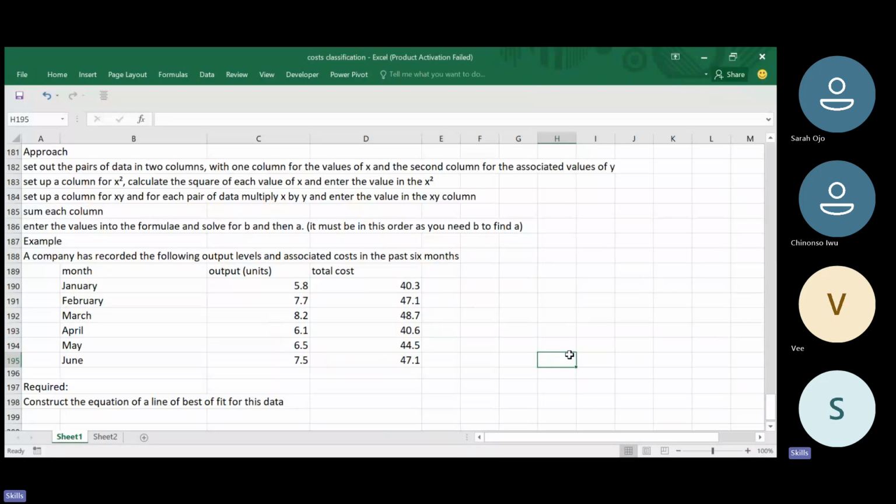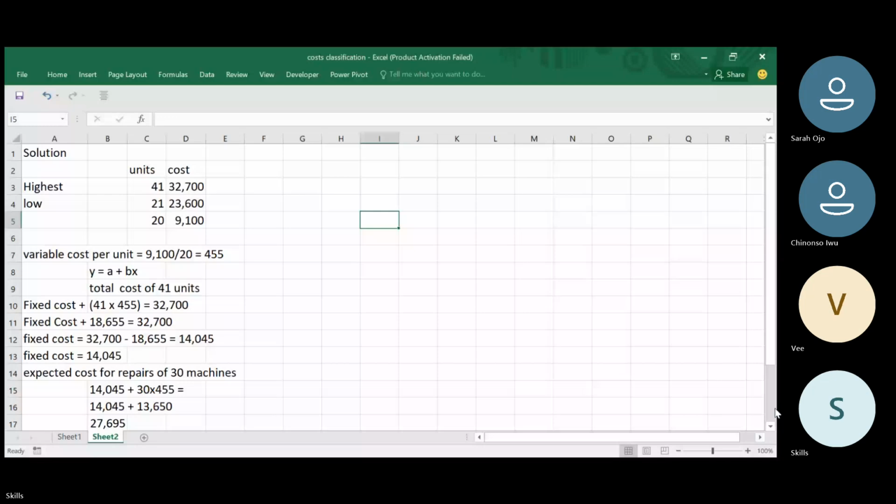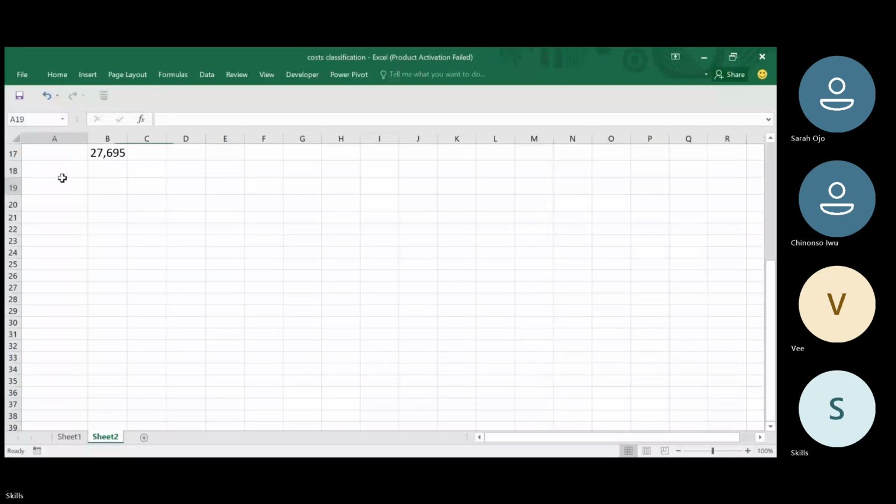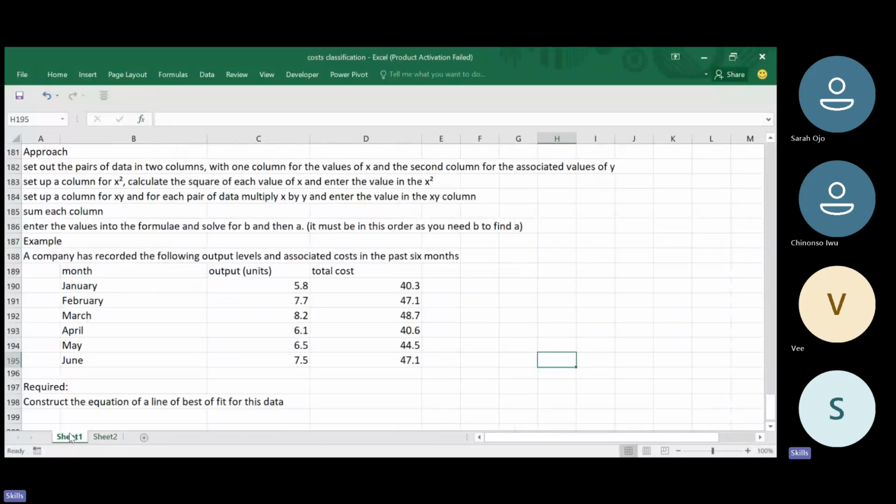So we'll start with step 1. That says we should have a column for X and Y. So the second solution: we have column X and we have Y. Now let's look at the arrangement here.